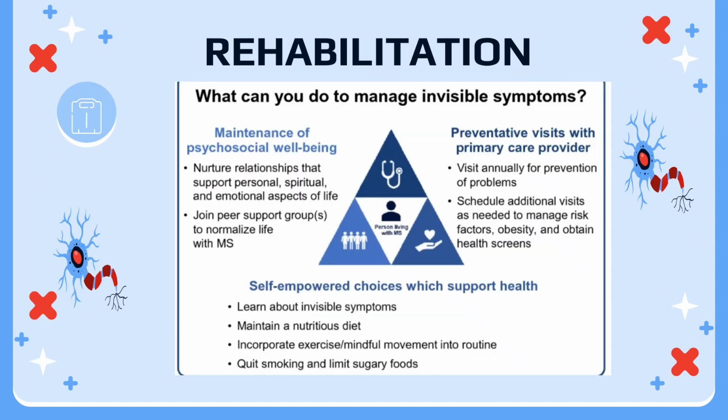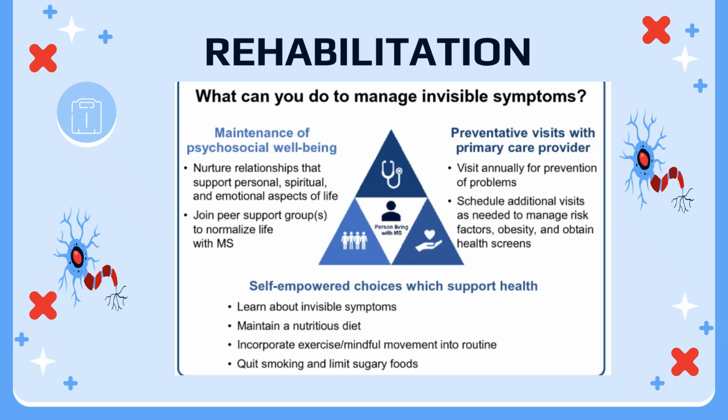So next we talk about rehabilitation. This is what you can see. The person in the center is a person living with multiple sclerosis, and we can see our role: maintenance of psychosocial well-being. You nurture relationships, help introduce them to support systems, spiritual, emotional aspects of life, peer support groups.